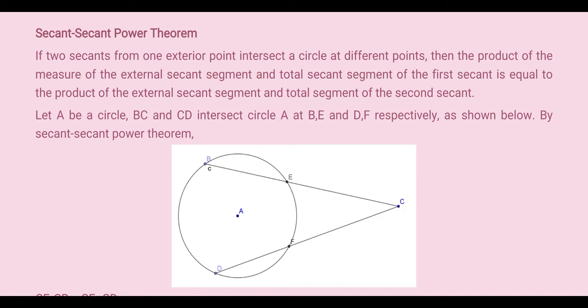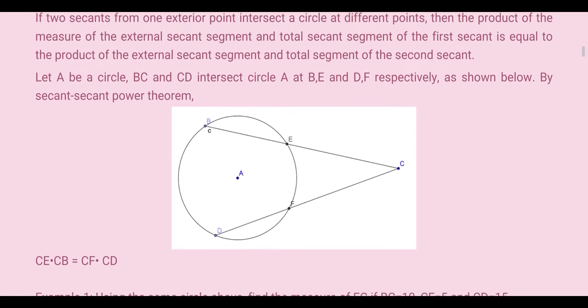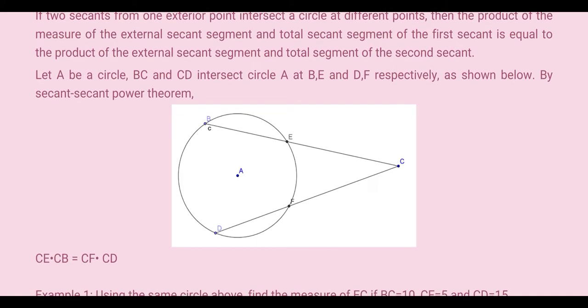By secant power theorem, yung definition sa taas, gagawin natin mas simple using a formula. The product CE times CB, or the measure of CE times the measure of CB, is equal to the measure of CF times the measure of CD. Yung CE na yun yung tinatawag na external secant segment, and CB is called the total secant segment.